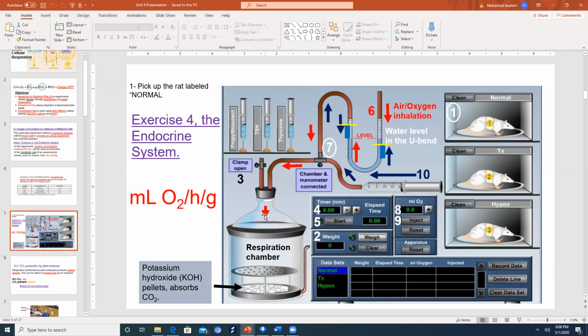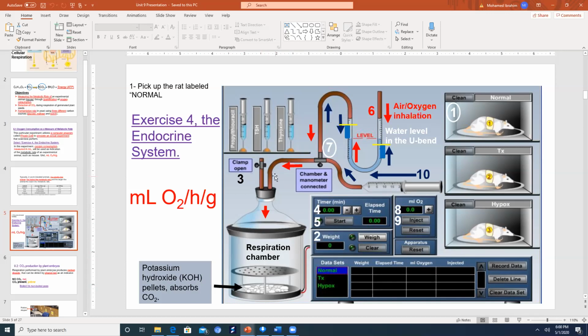The animal is taking oxygen and producing carbon dioxide, so now you have a gas made of 2 different kinds of materials. You don't want carbon dioxide to interfere with oxygen, so you need to get it out of the equation. The way you do this is by adding potassium hydroxide. So this is the function of potassium hydroxide in the respiration chamber.